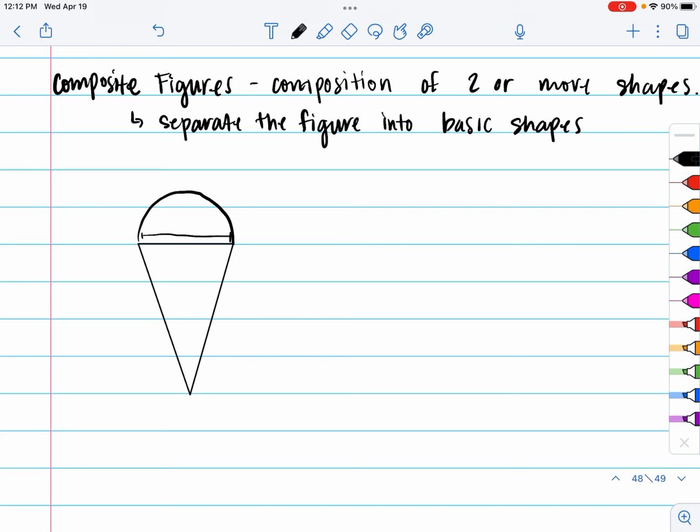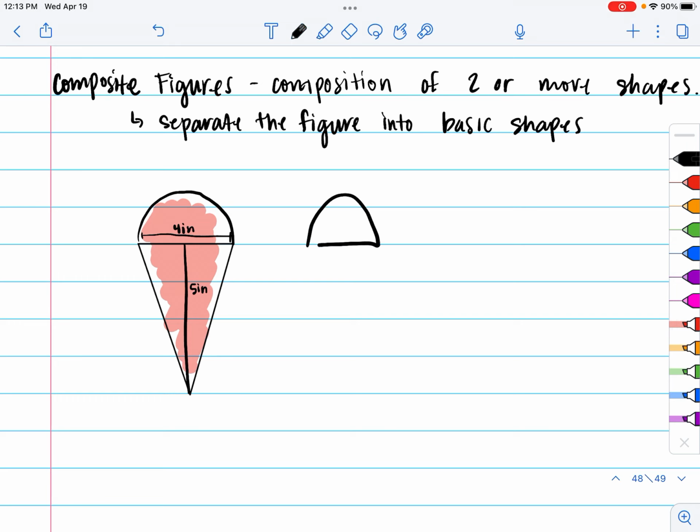Let's say this length is 4 inches. Then let's also say this altitude, or this height, is 5 inches. Okay? The area of this region, which I'm going to shade in red, can be calculated by breaking this up into two pieces.